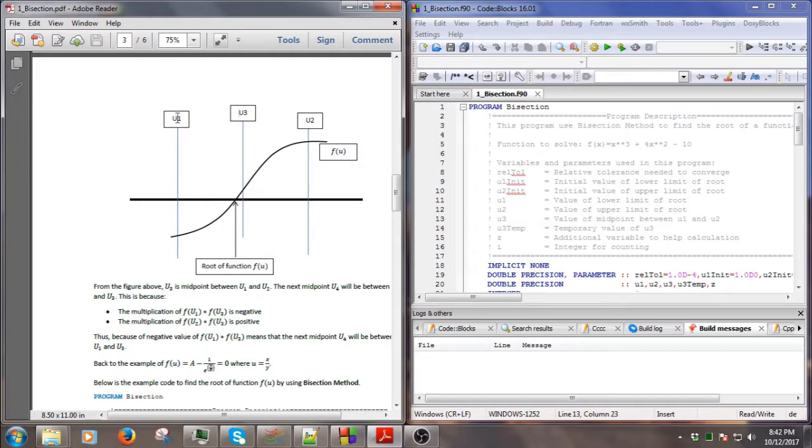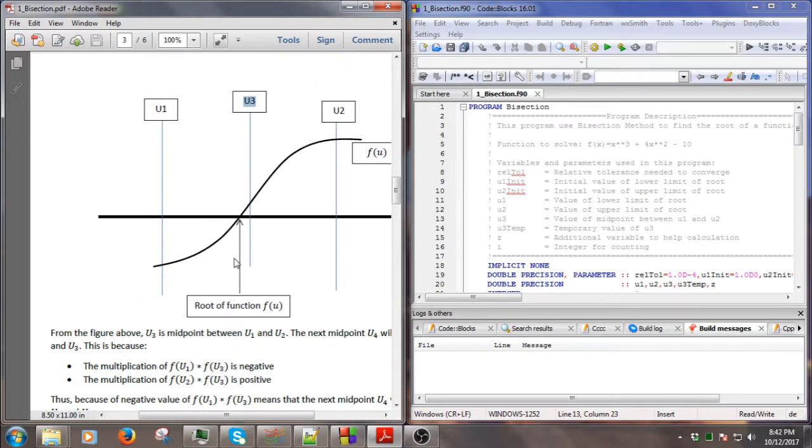As you can see in this figure, for u1 and u3, the multiplication of f(u1) with f(u3) is negative.